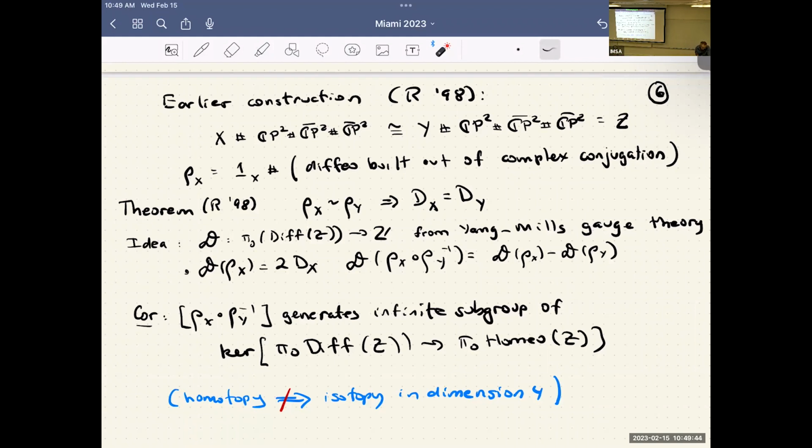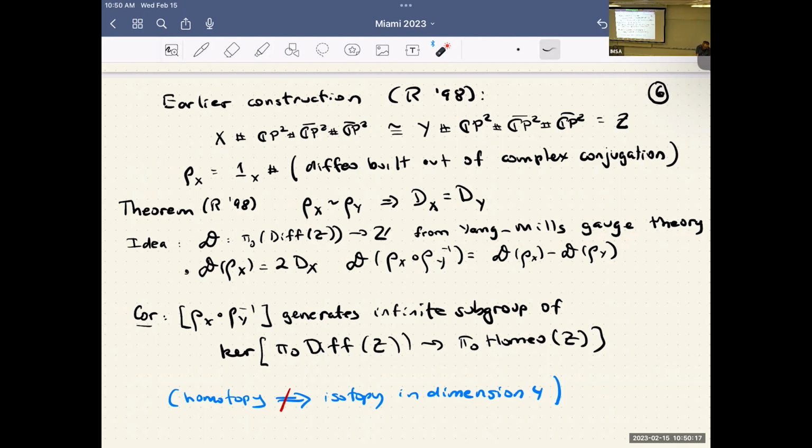But the idea, coming from way back when, was that I defined, in a way somewhat similar to what Donaldson had originally done, a sort of Donaldson type invariant. Instead of going from, say, the set of 4-manifolds to the integers, this one goes from pi 0 of the diffeomorphism group, in other words, just from path components in the diffeomorphism group, using Yang-Mills gauge theory in a style analogous to what Donaldson did.